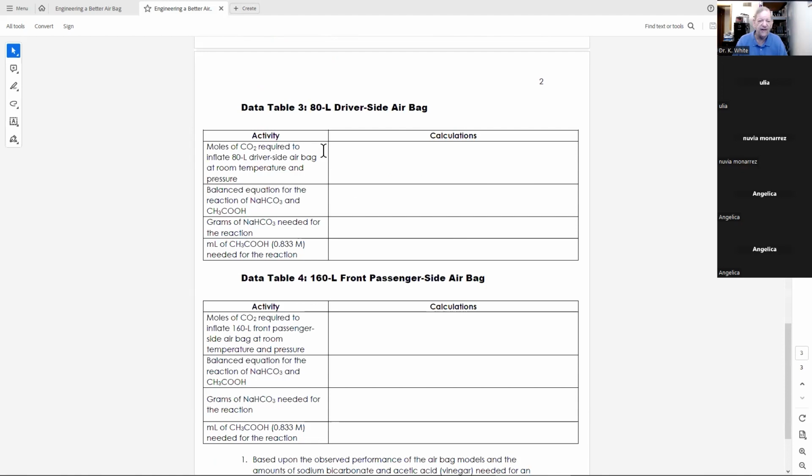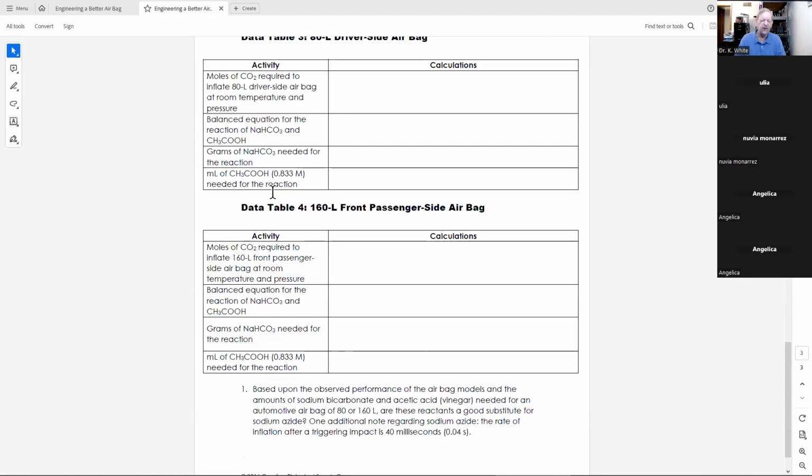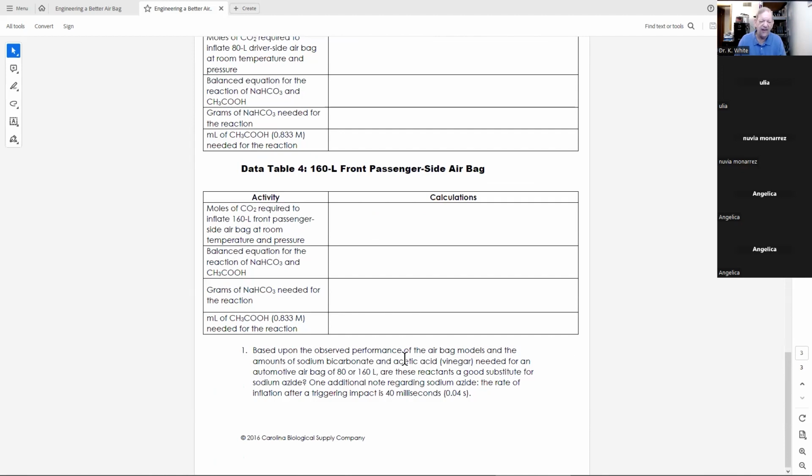And then for table 3, you do the calculation that I showed you in my help sheet for 80 liter instead of 1.2 liter. And for table 4, you'll use 160 volume instead of 1.2 liters. And you'll do the same calculation. And you answer this question.